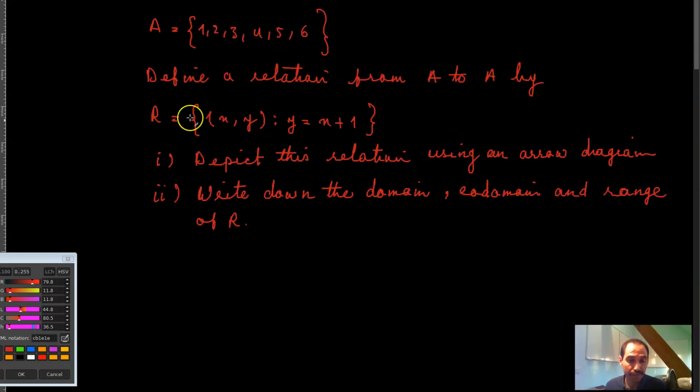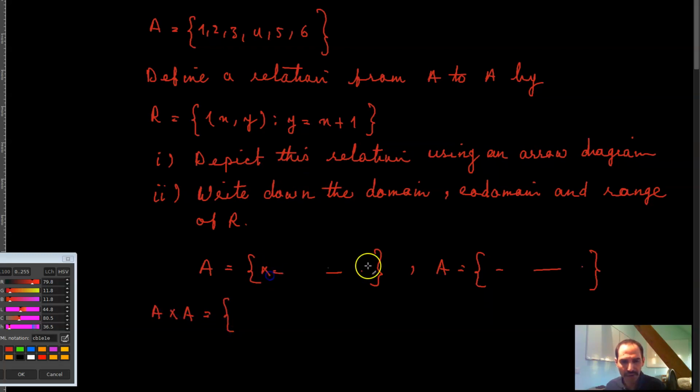Okay. Now, first of all, R is a subset of the Cartesian product of A and A, meaning that if you have the set A here, which contains all of these elements, and again you consider the same set A, then to write the Cartesian product of A and A, you would consider this element with this element, then this element with this element, and so on.